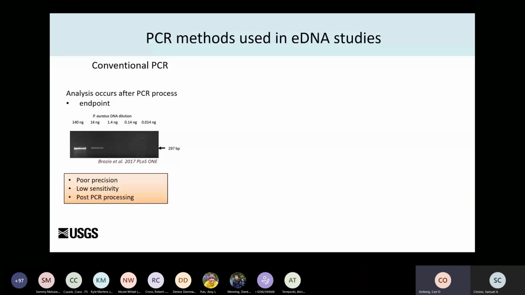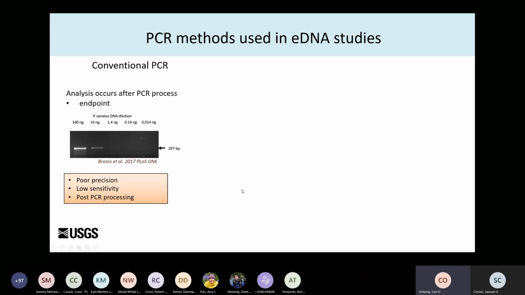So conventional PCR, just mentioned here, is also referred to as endpoint PCR because the analysis occurs after PCR is run to completion. Typically, the amplified products are detected using agarose gel electrophoresis, which requires staining with a chemical to allow the DNA to be visualized. That's what's going on here: an agarose gel, and here's a band of DNA that's been stained.